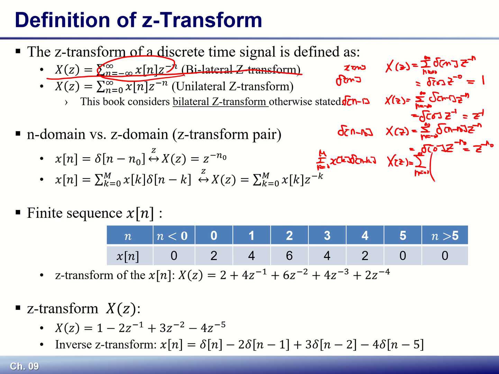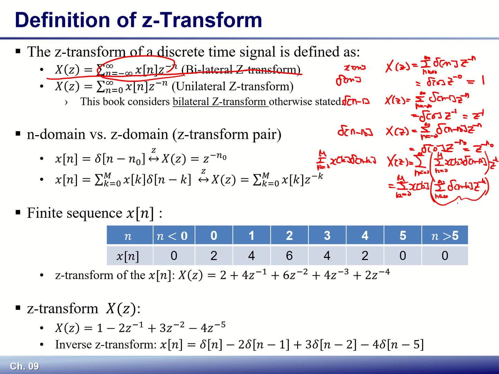From the definition, the sum over k from 0 to M of x[k] delta[n minus k] z to the minus n. Here, k is from 0 to M, x[k], and the sum over n from minus infinity to infinity of delta[n minus k] z to the minus n.